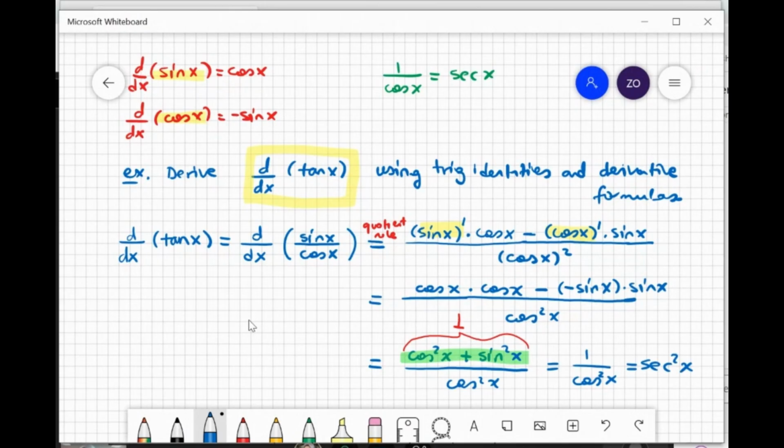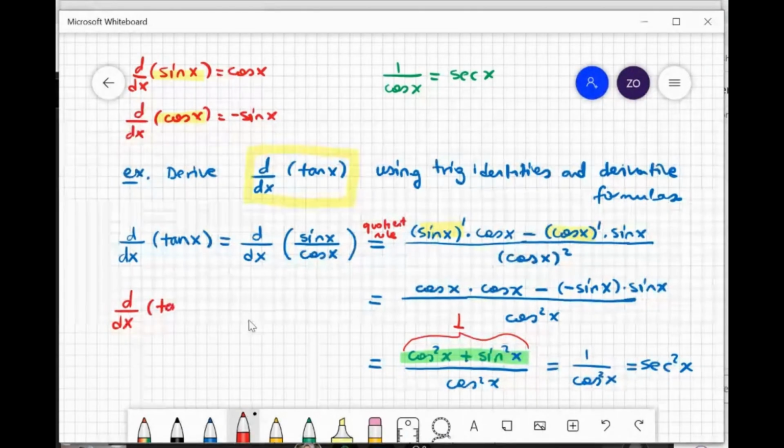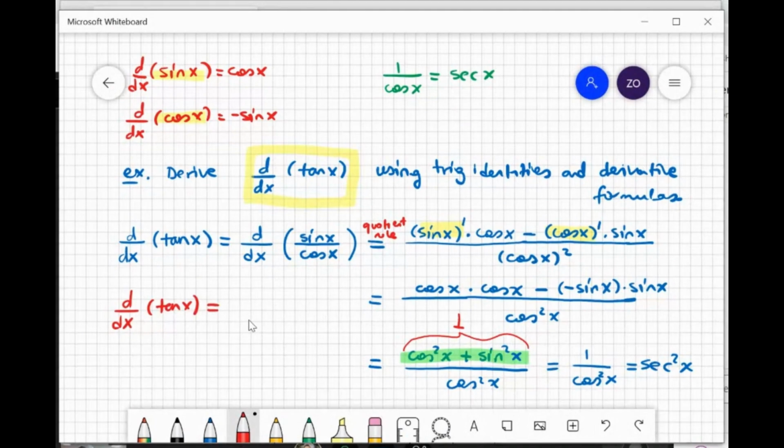So we found another rule: the derivative of the tangent function equals secant squared of x. We found the derivative of the tangent function by just rewriting tangent in terms of sine and cosine and applying the quotient rule for this quotient.